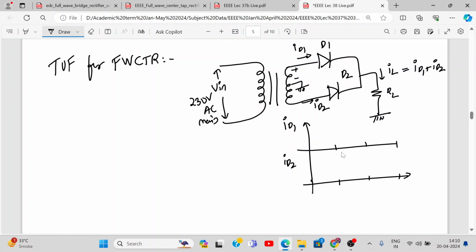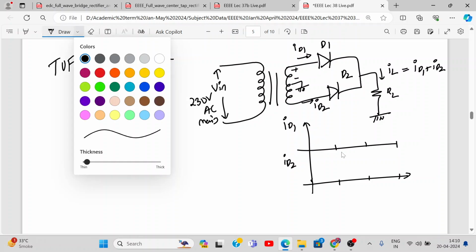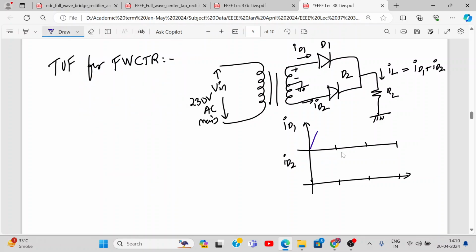Current through diode 1 flows in the positive half cycle only. For the negative half cycle it is off. Here it will be like this. And for ID2, in the positive half cycle it is off, in the negative half cycle it is on. Here D1 is on, here D2 is on. So this type of current is there, right?